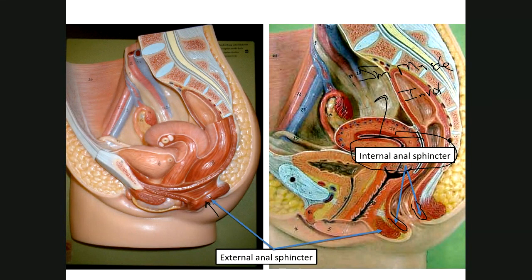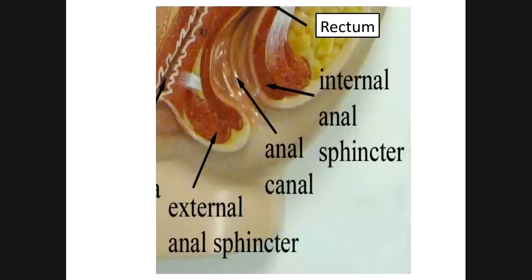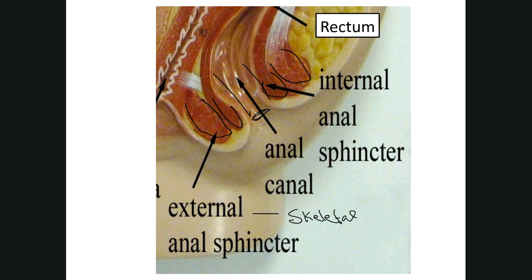If we blow that up, we can see those sphincters here. So here's the anus, there's the anal canal, here is the external sphincter, and here's the internal sphincter. Again, external is skeletal muscle and voluntary. Internal is smooth muscle and involuntary.